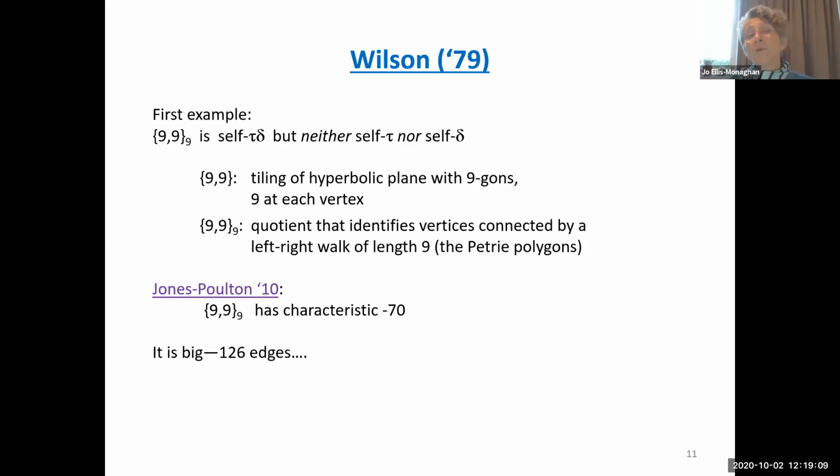Okay. The first example that was found of these graphs that are self-trial but not self-dual and not self-Petrial is this thing that you get if you take a tiling of the hyperbolic plane with 9-gons, where you put 9 9-gons together, and then you take a quotient by identifying vertices connected by left-right walks of length 9, so these Petrie polygons.